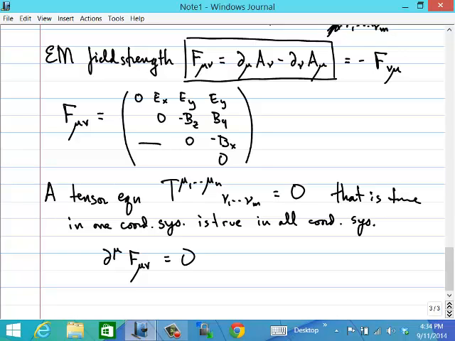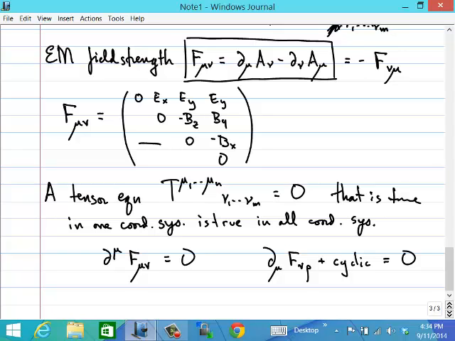The other half of the Maxwell equations take the form of d mu F nu rho plus cyclic permutations of the three indices is equal to 0. That's another tensor equation. Because it's equal to 0 in one coordinate system, it's going to be equal to 0 in every coordinate system, because when you go from one coordinate system to another, you're just multiplying this tensor by a bunch of matrices.